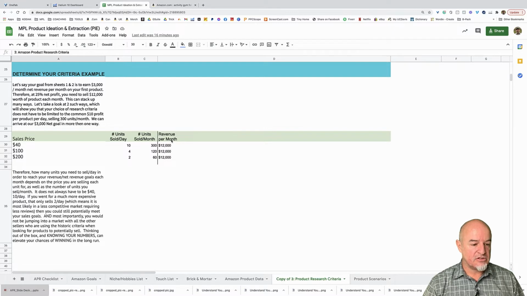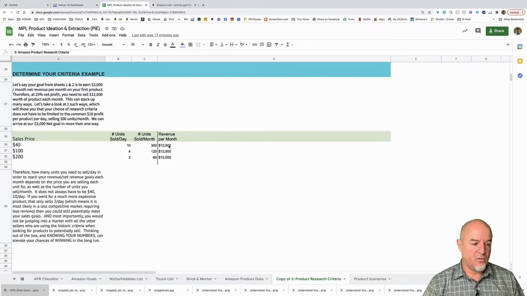So if your revenue goal from your Running the Numbers sheet is $3,000 per month net revenue, then at a 25% profit margin, you need to sell $12,000 revenue per month. So a product that's sold for $40 and sold 10 a day would get you there.